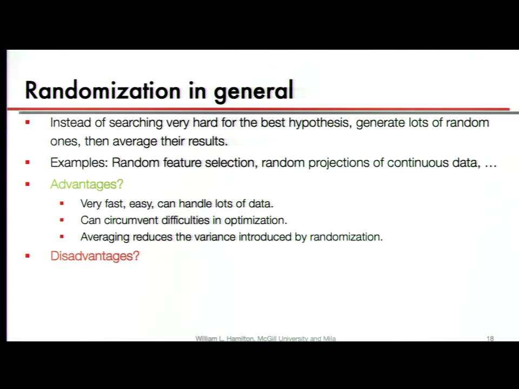They're very fast, very easy, painless to use, and generally they act as a form of regularization. Introducing randomness in different ways, for example selecting random features or random tests in your decision tree, is going to do something like regularization.